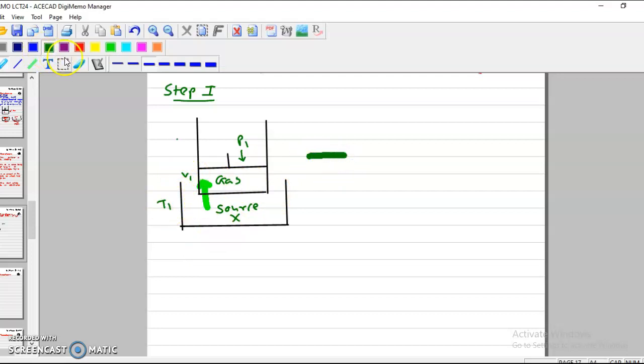Now, when heat is going into the system, it is endothermic reaction. The temperature will be T1. As temperature does not change, it is known as isothermal expansion. It is called isothermal expansion.